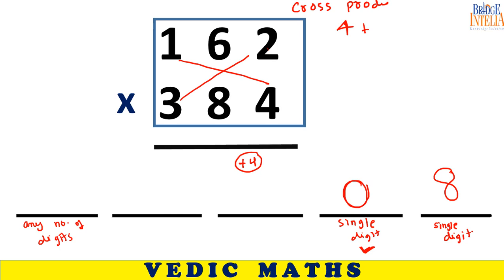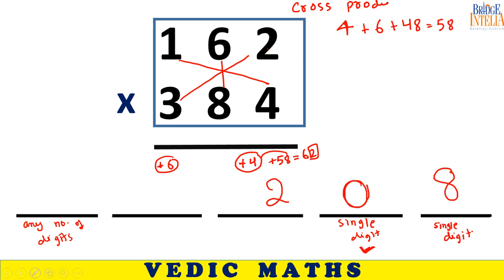So 3 into 2 is 6. This 6 is connected with 8. So 6 eights are 48. So 4 plus 6 plus 48 is equal to 58. Now 58 and this 4 is already carried forward. So 58 plus 4 is equal to 62. But I can write only one single digit. So I will write 2 here and the remaining 6 is transferred as carry forward.